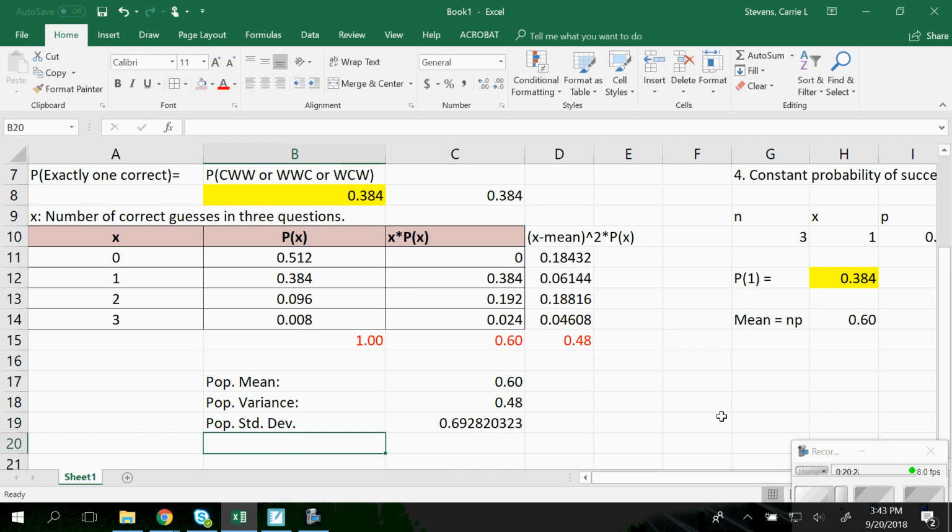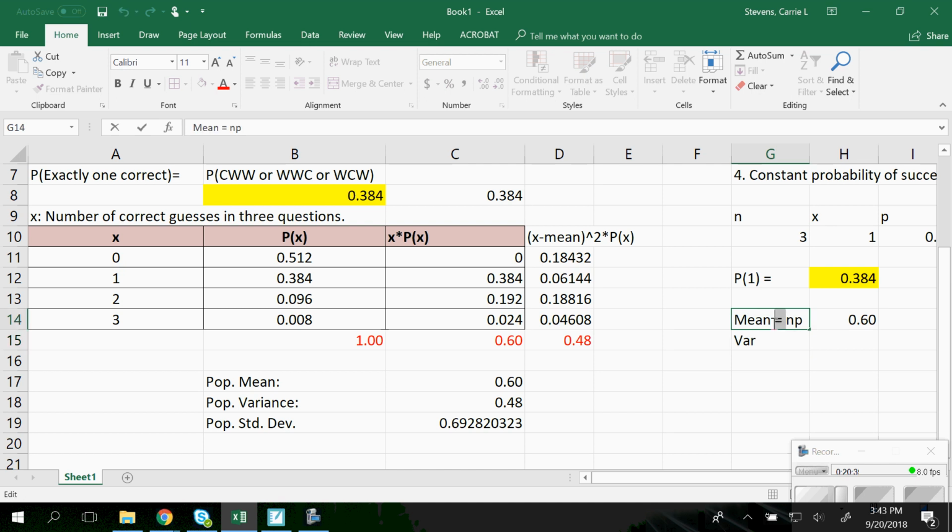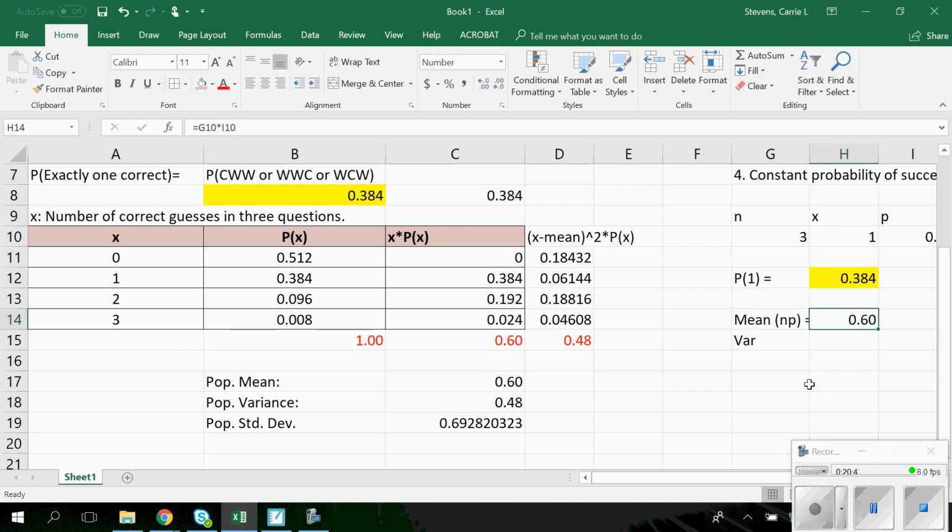Okay, and let's just see over here under the binomial side, the mean, which is np, equals this.